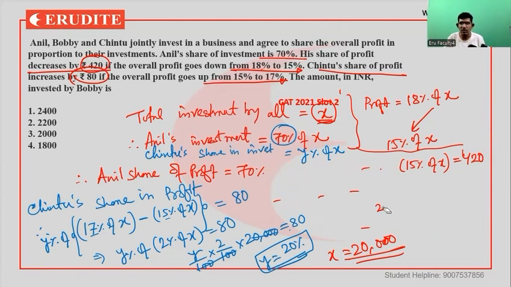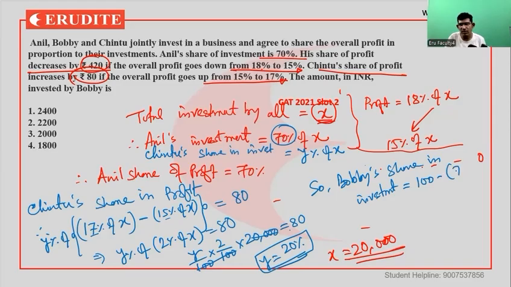So from this we can continue with the calculation. Bobby's share in investment would be equal to 100% minus (70 plus 20), which is equal to 10% of X. What's the exact value then? 10% of X, where X equals 20,000, which is equal to 2,000.